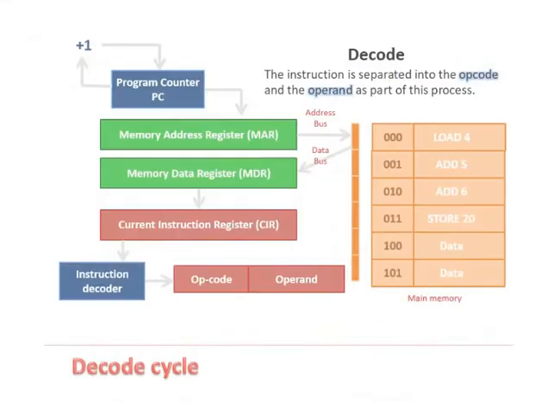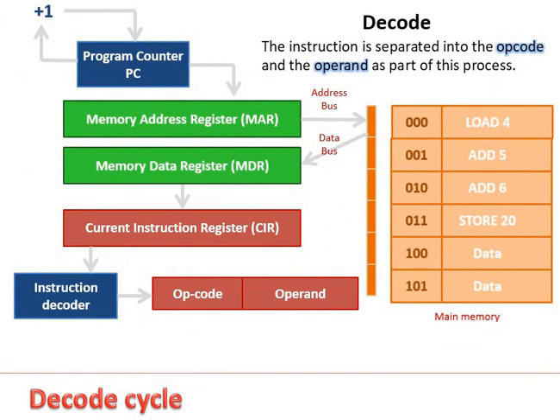Moving on. In the decode stage, the instruction is divided into two parts, opcode and operand. Here in this case, load 4: load is the opcode, that is what is going to be done, and 4 is the operand, right? So 4 will be loaded to the accumulator.